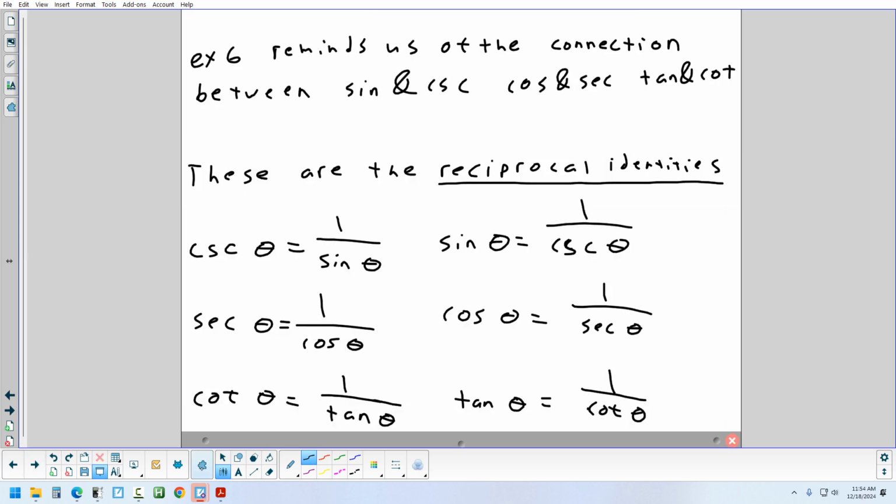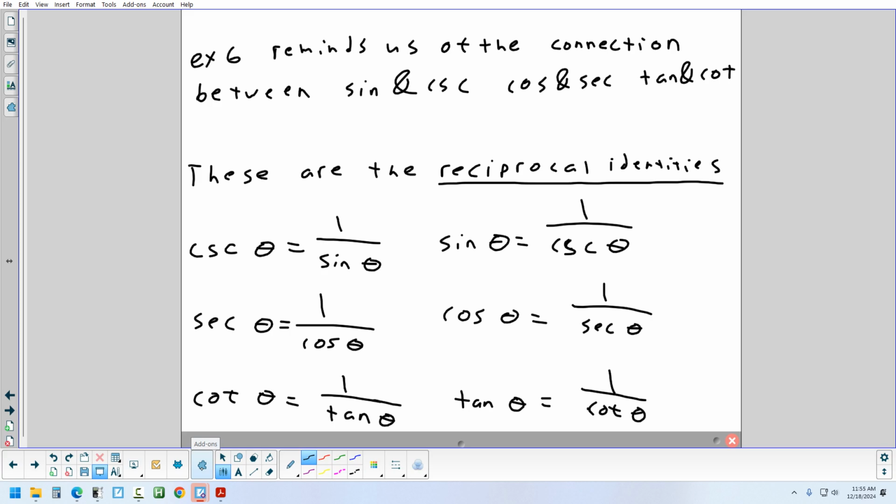So these trig functions that we've been flipping one to get the other, those are called reciprocal identities. I've already been trying to get you guys to use that word anyway, reciprocal. So the idea is the connection between sine and cosecant is if you take the sine and flip it, you get the cosecant.